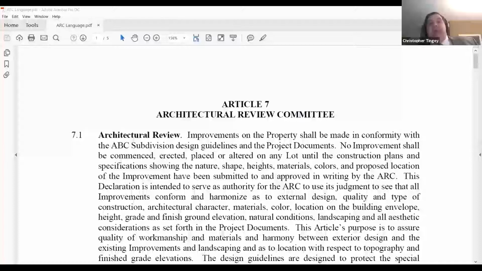Now, many ARC provisions have something like this, which says after you've received all the materials, you have 30 or 60 or 45, I've even seen as few as 15 calendar days to approve it. And if you fail to approve it, then right here, the application shall be deemed approved.